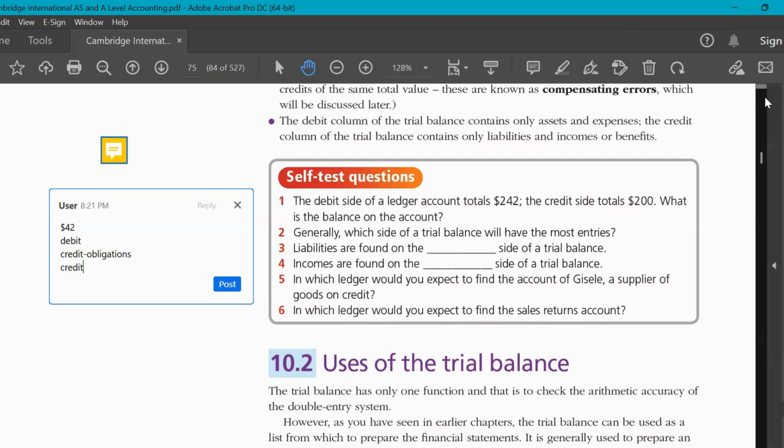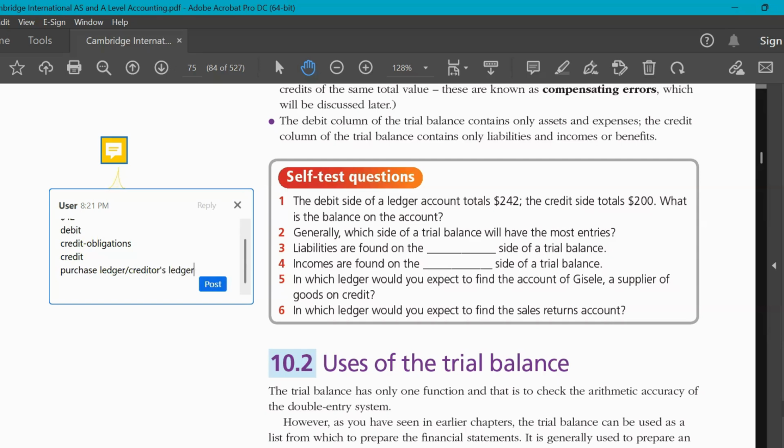Number five, in which ledger would you expect to find the account of Giselle, the supplier of goods on credit? Okay, we're talking about the ledger here. The answer is the purchase ledger, also known as the creditors ledger.